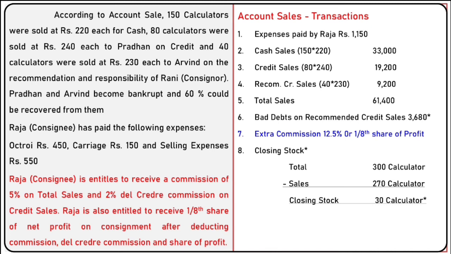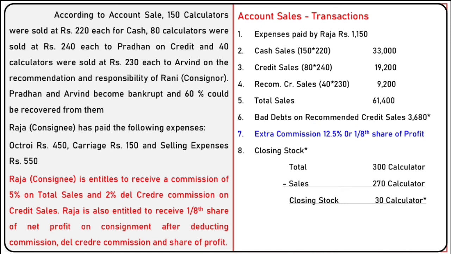Extra commission is given. હવે જો આપણે શું કરીએ છીએ અહીંયા, જે 1/8 આપેલા છે એને પરસેન્ટેજમાં કન્વર્ટ કરી લઈએ. So if 1/8 is there, અને આપણે પરસેન્ટેજમાં કરીશું તો 1 divided by 8, so we have 12.5% extra profit.